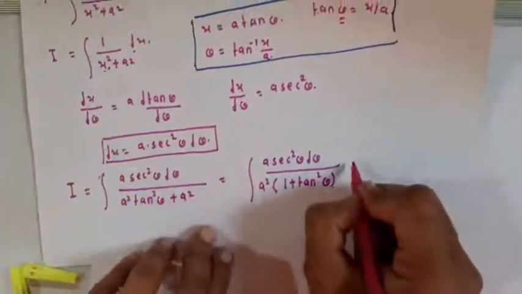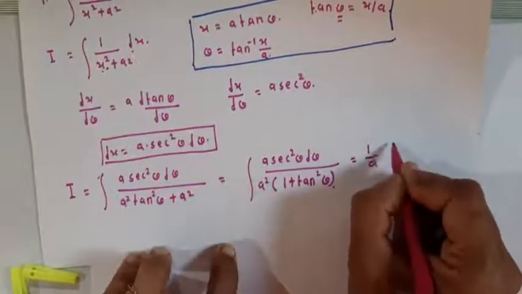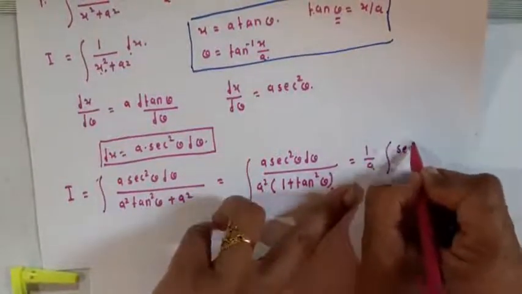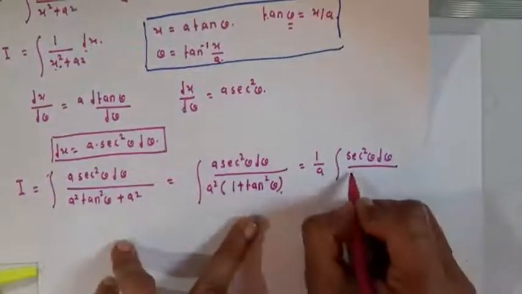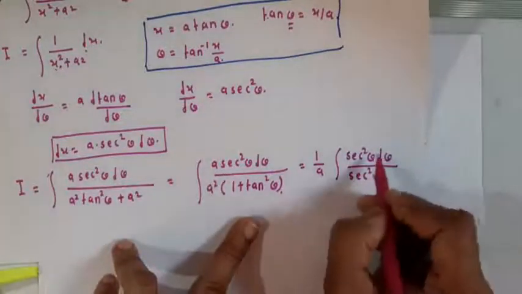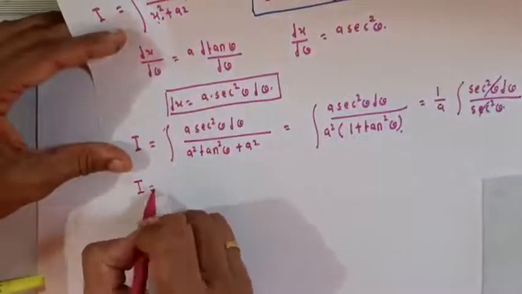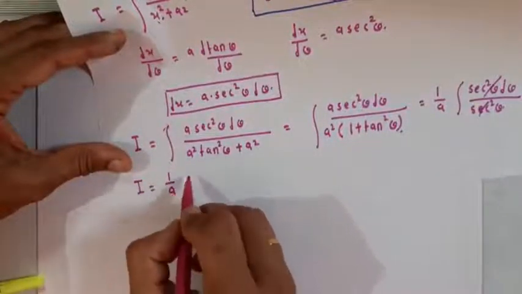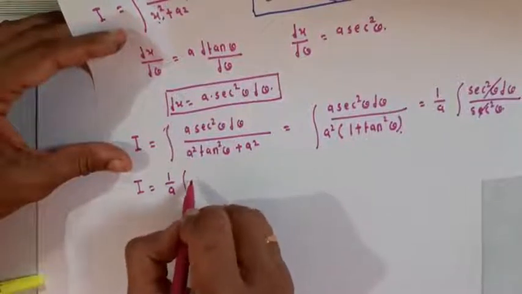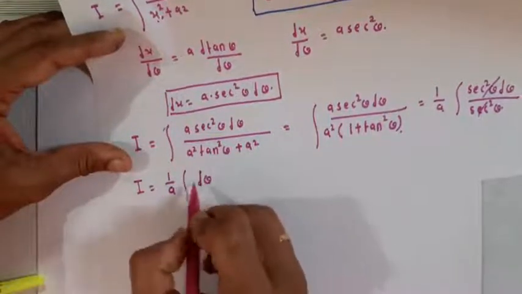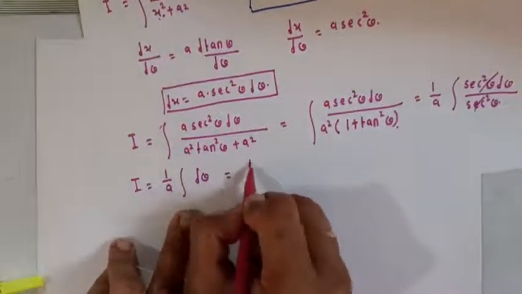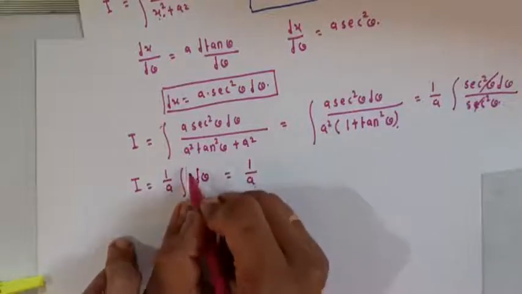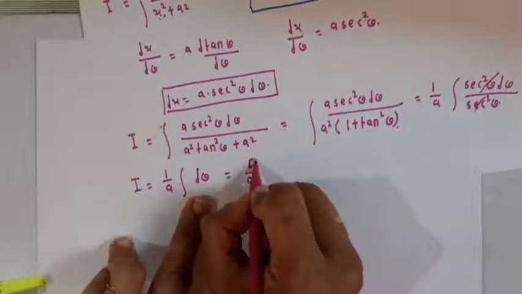So a gets cancelled, and this is equal to 1 upon a sec square theta d theta. And students, we know 1 plus tan square theta equal to sec square theta. Get cancelled, and here I equals integration of 1 by a as a constant, integration of d theta, integration of the constant number with respect to theta, and hence this is 1 by a, and the integration with respect to theta is theta.